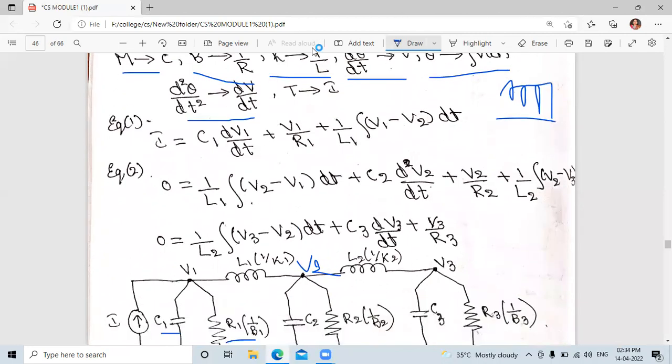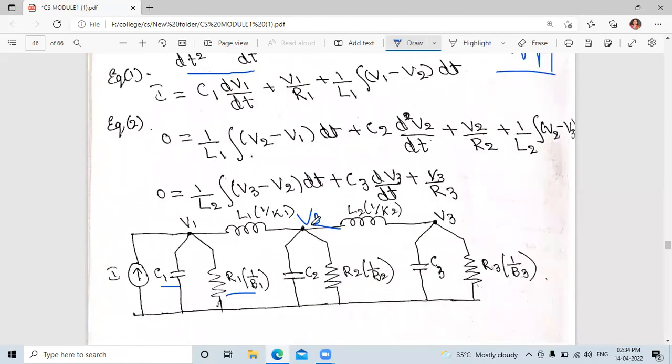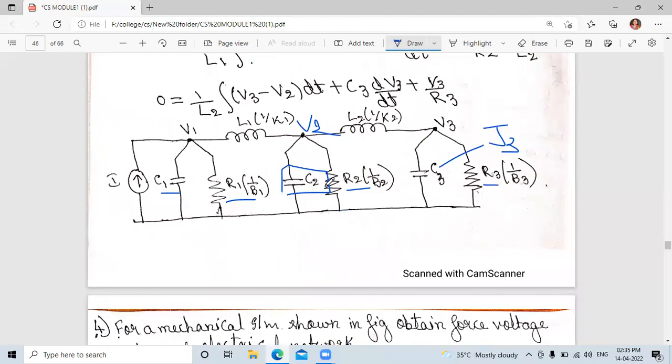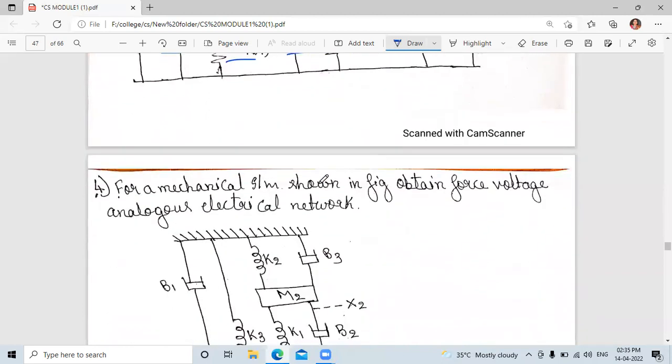Similarly, K is replaced by 1/L, so L1, L2, in bracket you write 1/K1, 1/K2. For V2 also, instead of J2, C2; instead of J3, C3; and similarly instead of B2 and B3. In the next class, we shall discuss other problems.